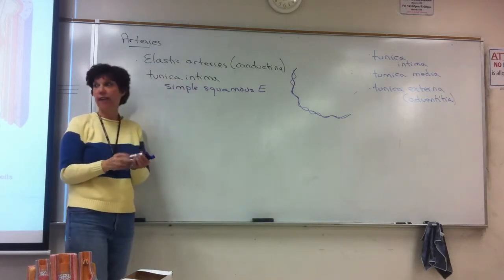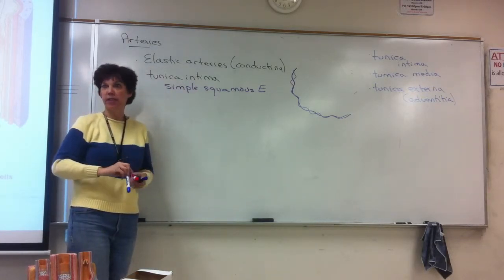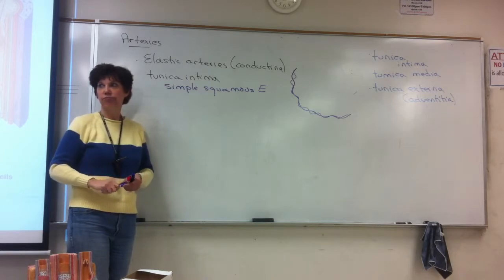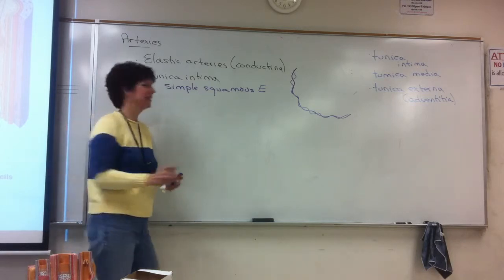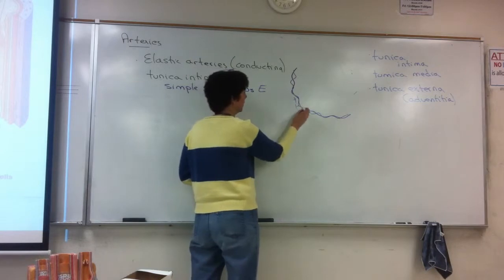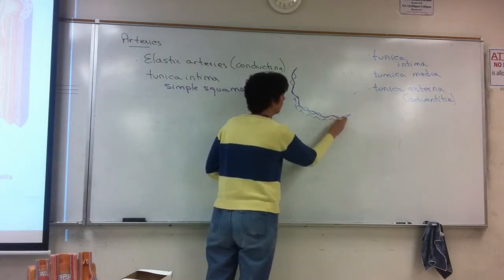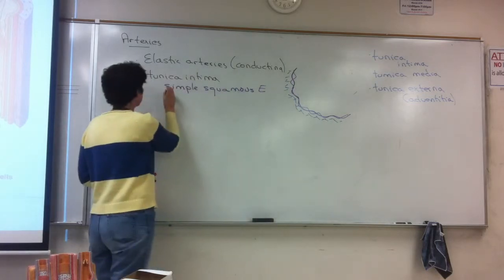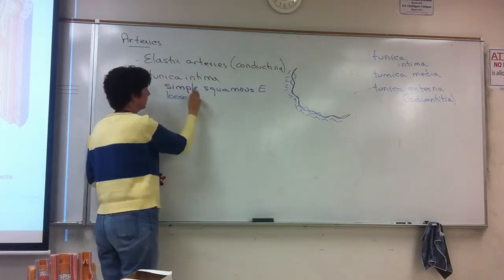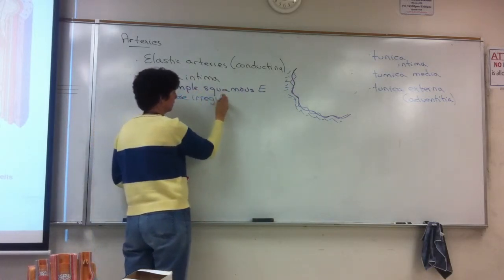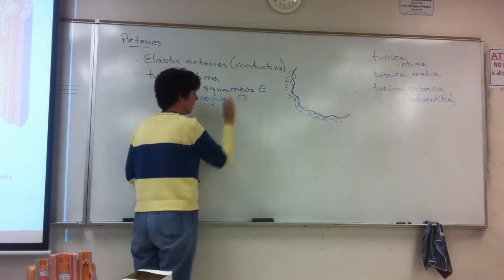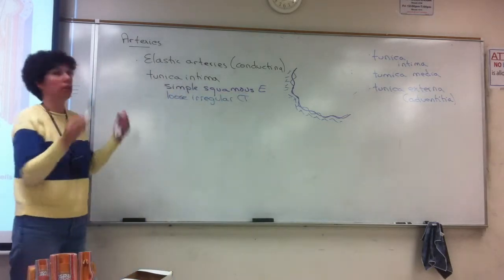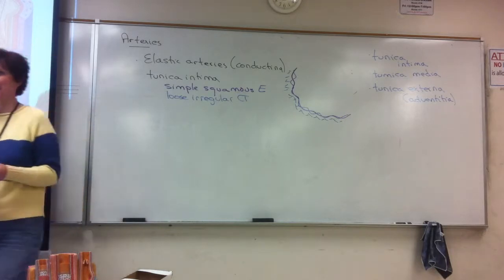And underneath every epithelium is what type of connective tissue? Loose irregular. So that's our standard tunica intima for all of our vessels.